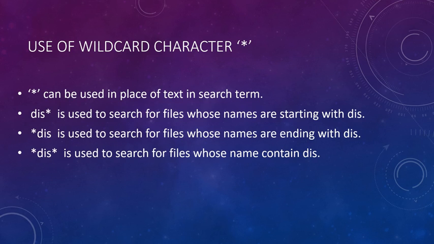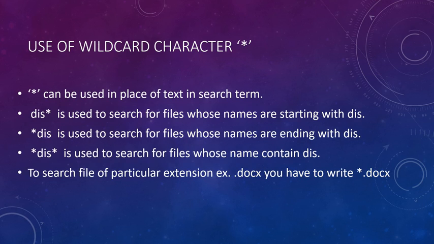Asterisk dis asterisk is used to search for files whose name contains dis. That means in the start also some other alphabets will be there, and in the end also some other alphabets will be there. So for any file name containing dis in the middle of its name, you have to search by asterisk dis asterisk.